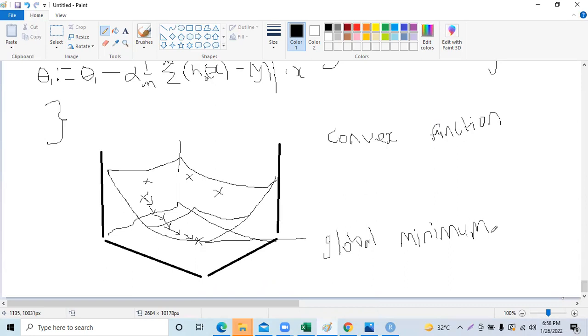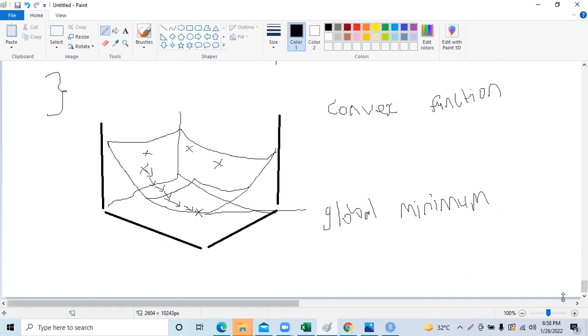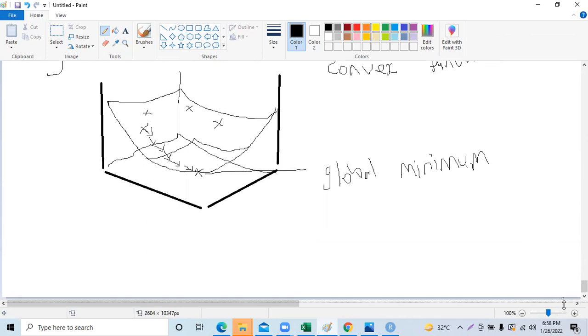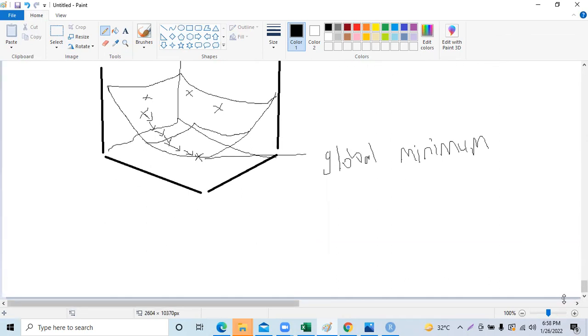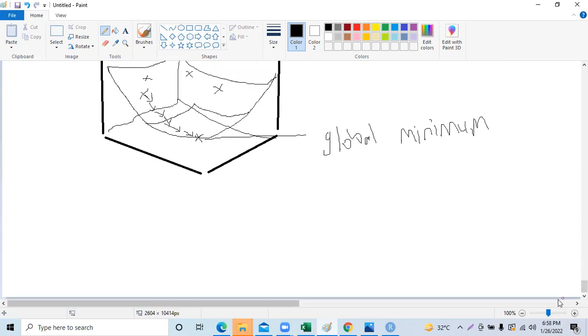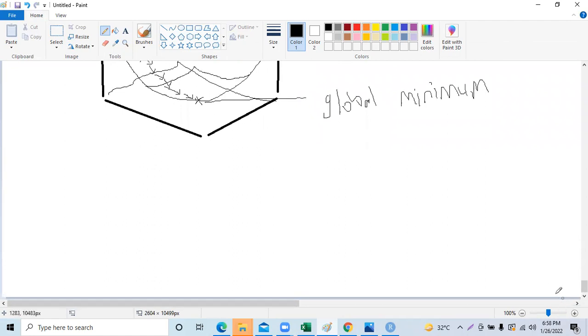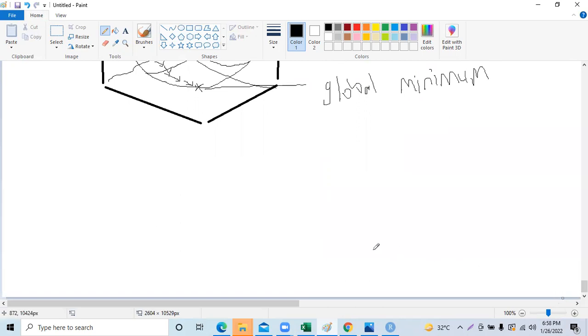And to give you a better intuition, when you get to your global minimum, this is what we have.